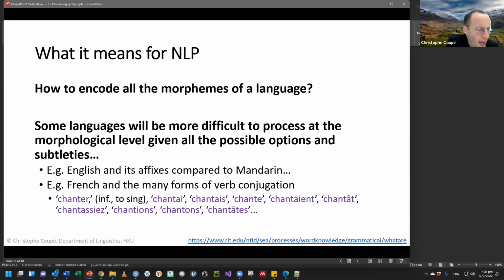So if you are doing NLP, the question is, how do you deal with all these morphemes? The point is that some languages will be maybe rather simple here, and some languages will be way more difficult. In Vietnamese or in Chinese, in Mandarin, the words basically never change.